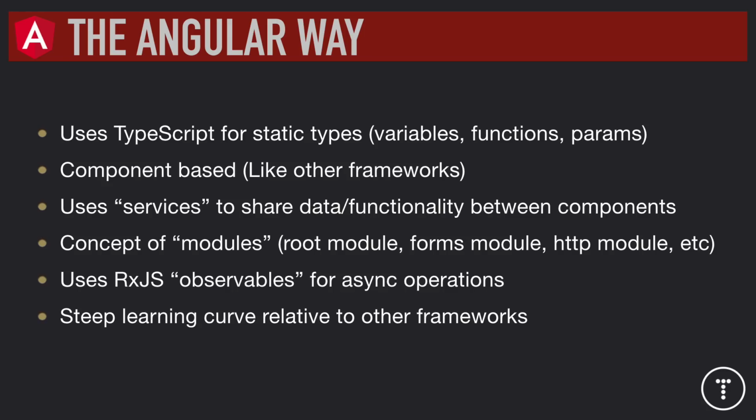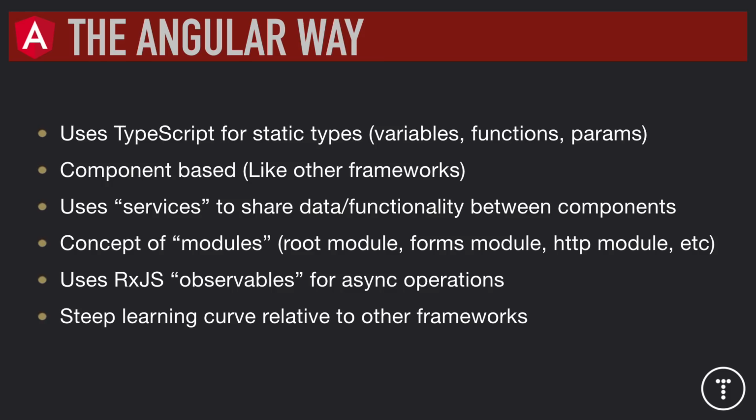So Angular uses reusable components as other frameworks do, but it also comes with something called services, which are used to share data and functionality across components. Services are one thing I love about Angular because they solve a lot of the different state issues that other frameworks face. There's also the concept of modules. Angular is comprised of many different modules, such as the root app module and the forms module for reactive forms.